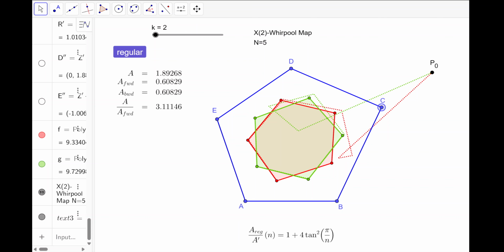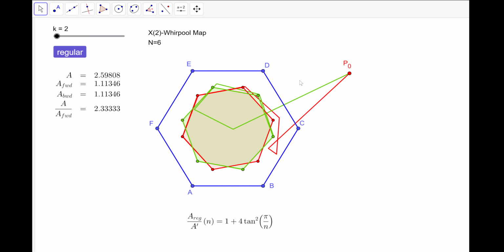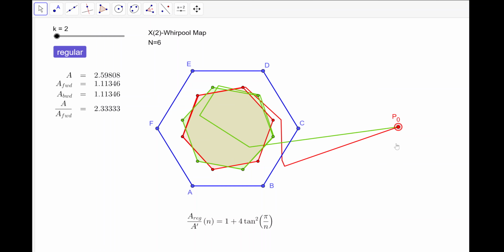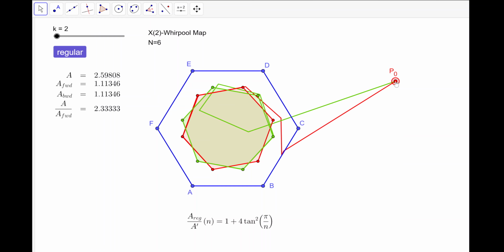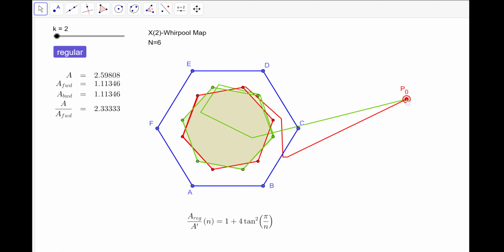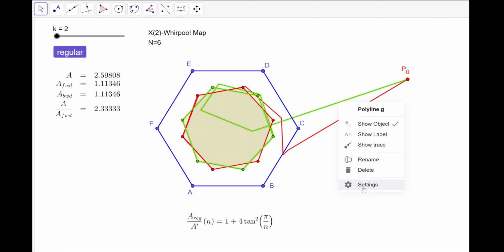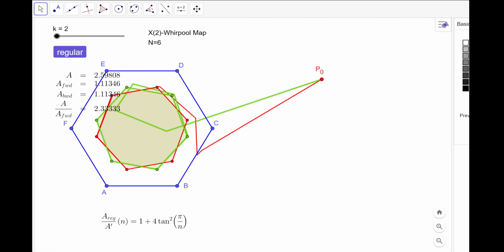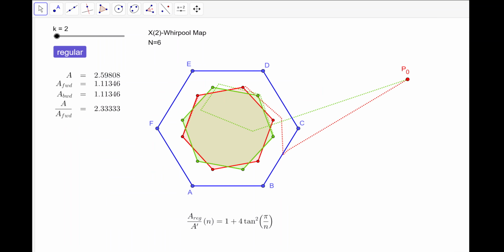Let's go to n equals 6 and verify that that's true there as well. So here's an n equals 6 whirlpool. I start from P0. I have the counterclockwise and clockwise iterations. They both result in terminals, and if I change this color here just for our own consumption, I'm going to make this dotted, and this dotted, like so, so that we see that there's two terminals and there's two iterations that end up in those terminals.